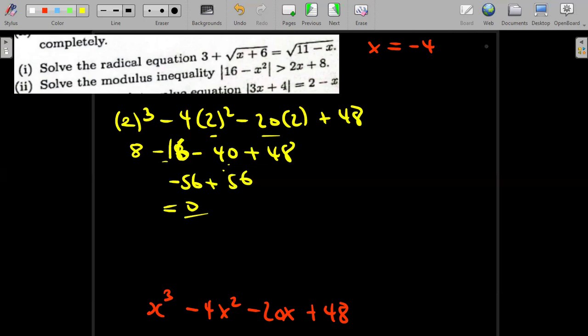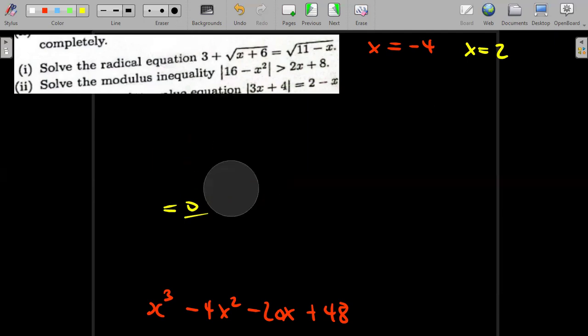Is a factor. So we keep the other factor here, x equal to 2. Then we use synthetic division to simplify that polynomial further.